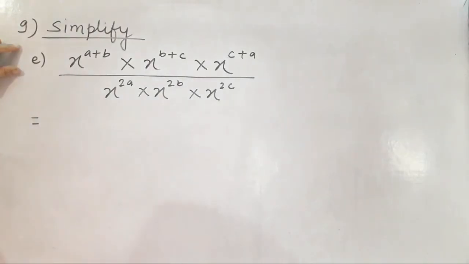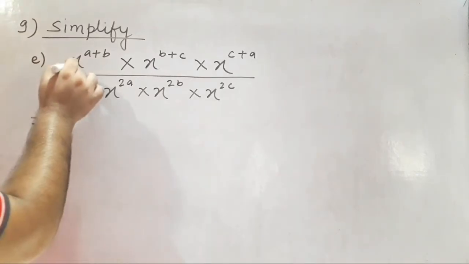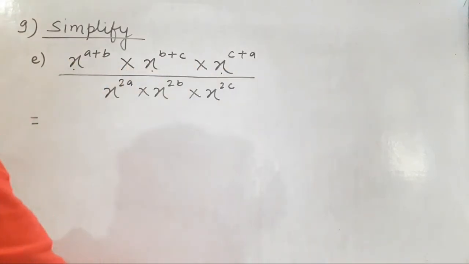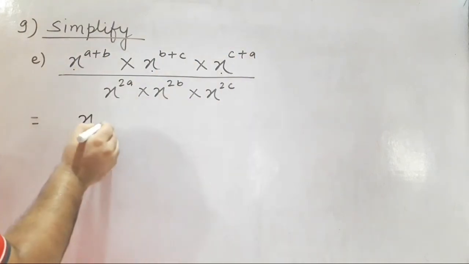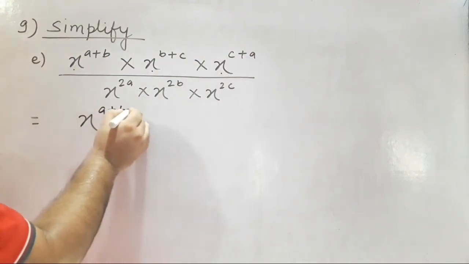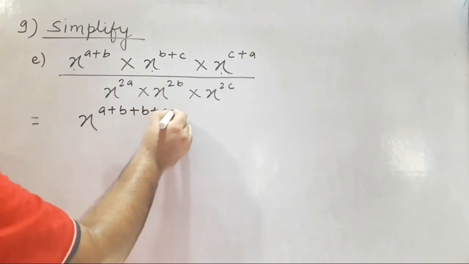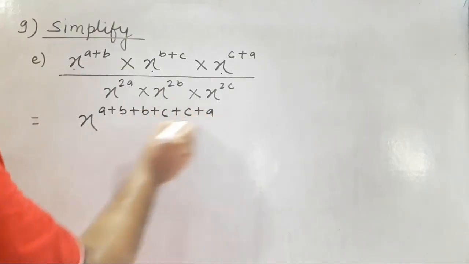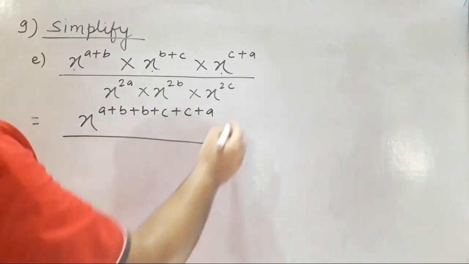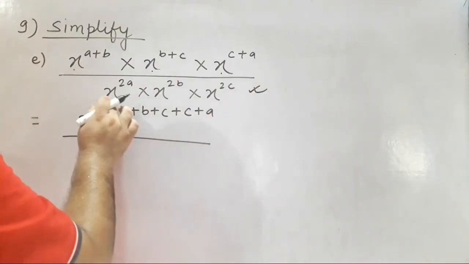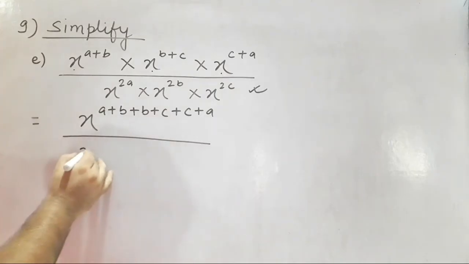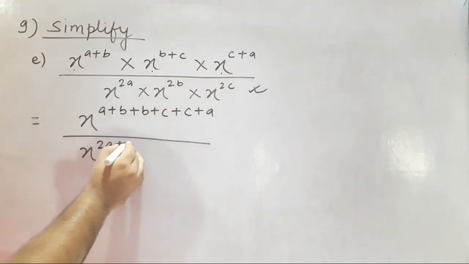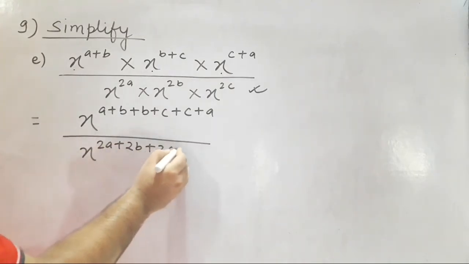Question number E. Here we can see that same bases are multiplied, and when same bases are multiplied then we can add their powers. x power a plus b plus b plus c plus c plus a, by, here in the denominator also the same bases are being multiplied, we can add their powers. x power 2a plus 2b plus 2c.